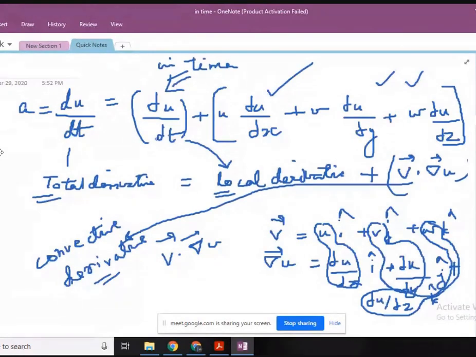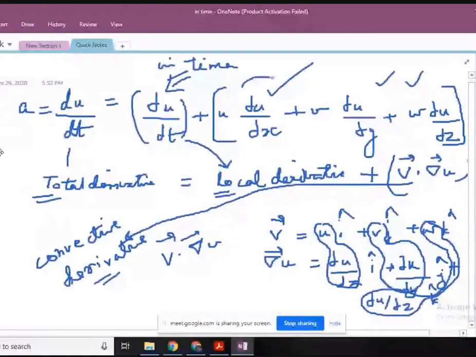What about the other part? What does it tell you? If you want to track the change, what do you have to do? Move through the field. Yes, you have to travel through the field. You take one measurement of u at a particular position x, then move to another position and take another measurement of u at that location.